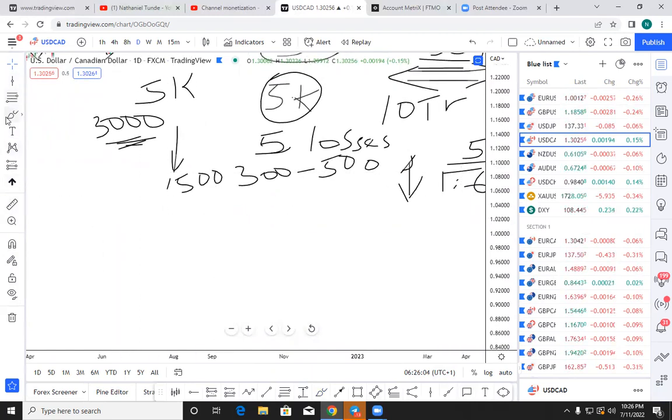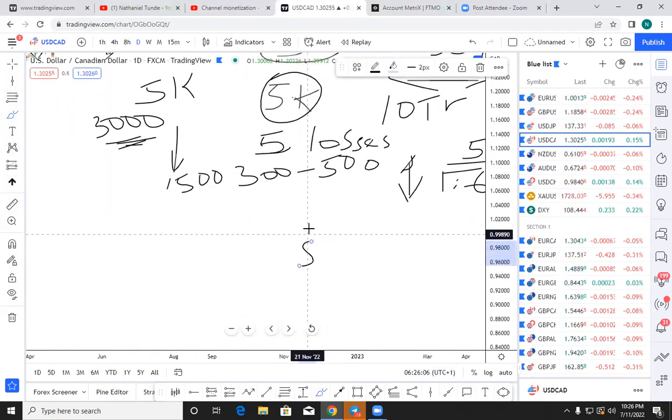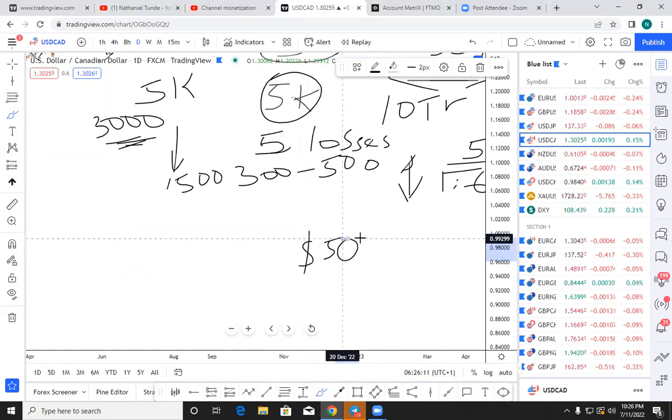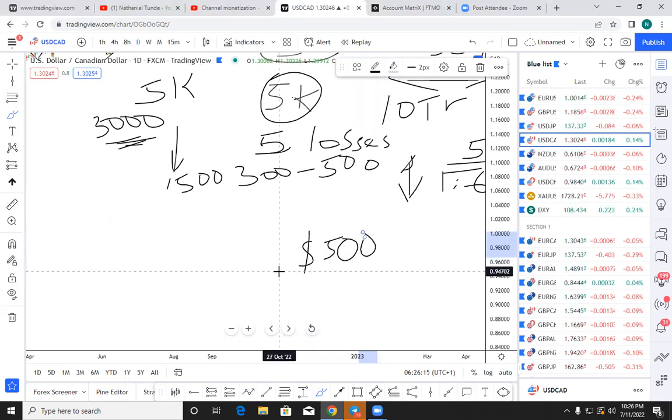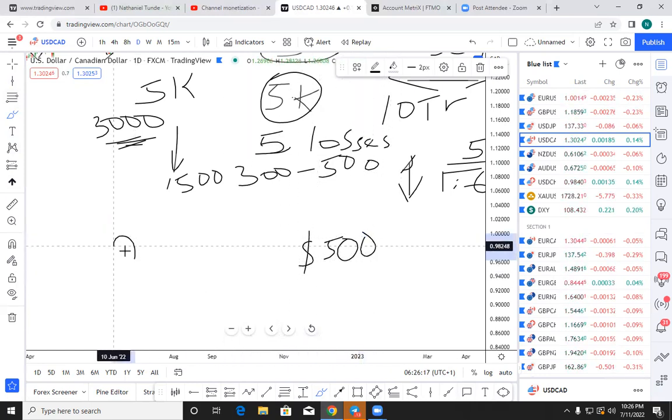Let's say you have a $500 account. In any trade at all, never lose more than $20.